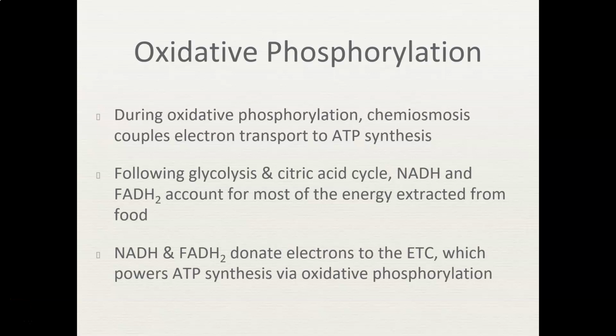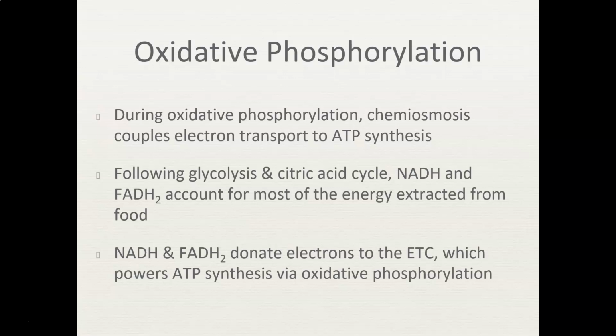So at this point, we have talked through the first two major steps of cellular respiration, glycolysis and the citric acid cycle. Today, we're going to pick up with that final major component, oxidative phosphorylation. When we look at oxidative phosphorylation, we're actually going to break it down into two subphases: the electron transport chain as well as chemiosmosis.